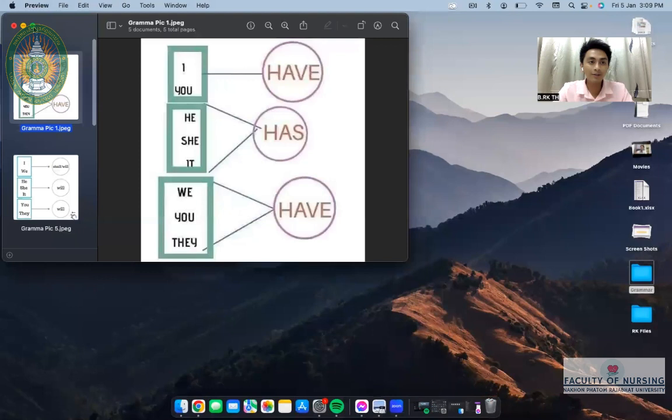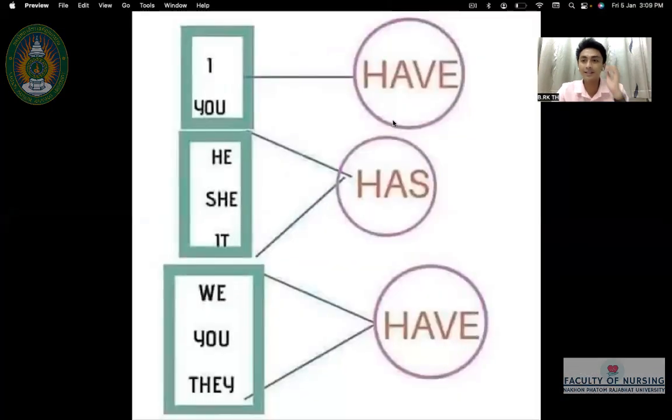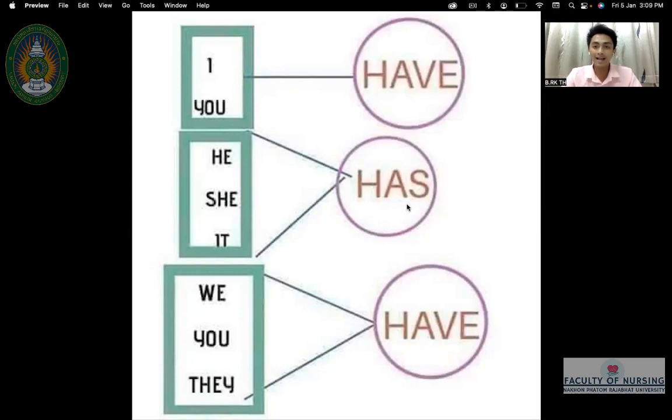The first topic that we're going to talk about is the use of the words have and has. Actually, there are only two words mainly used in a sentence here, the word have and the word has. When do we use these words?